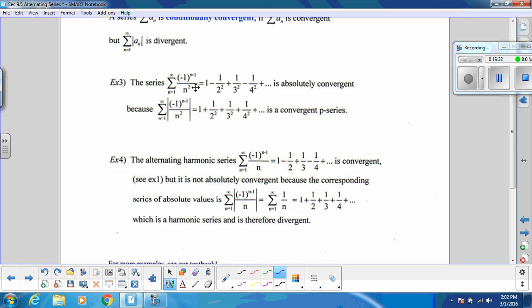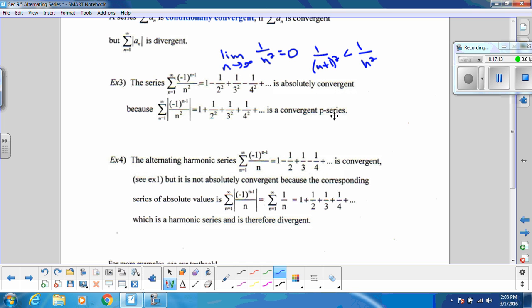If I look at the alternating one, following the alternating series test, the limit as n approaches infinity of 1 over n squared equals 0, and 1 over n plus 1 squared is less than 1 over n squared. So that makes the alternating series convergent as well. The absolute value was convergent and the original was convergent, which means it's absolutely convergent.